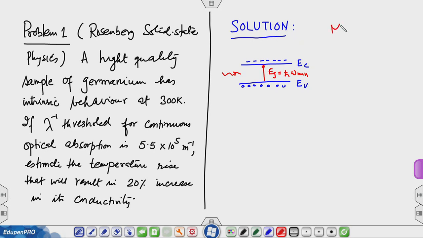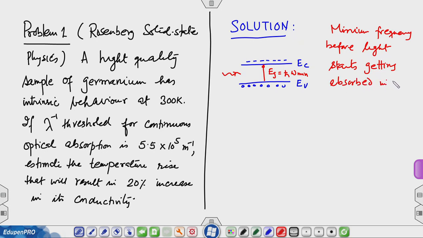So, the minimum frequency before light starts getting absorbed in the sample is h cross omega min equals E gap.